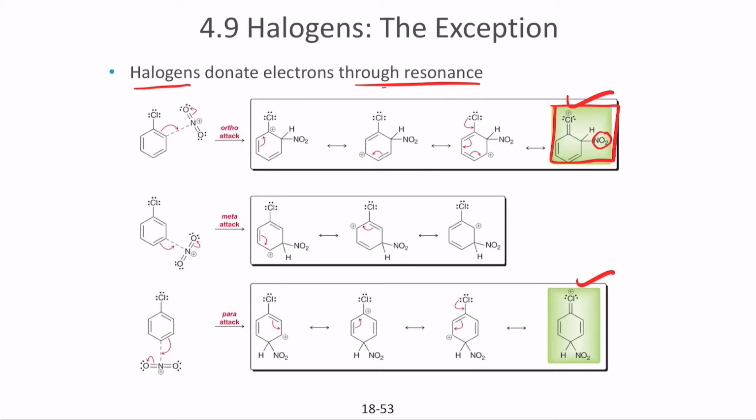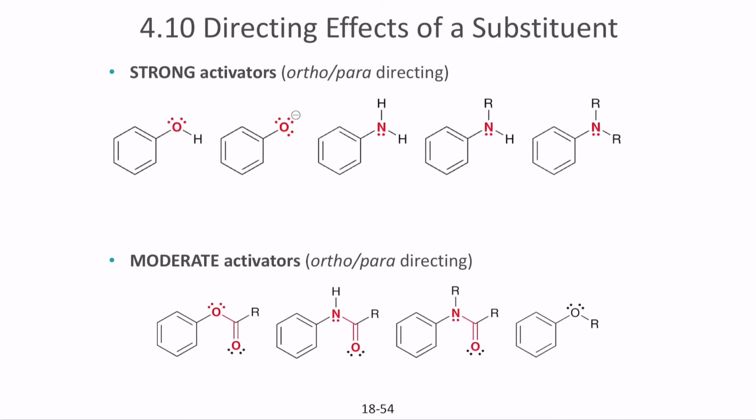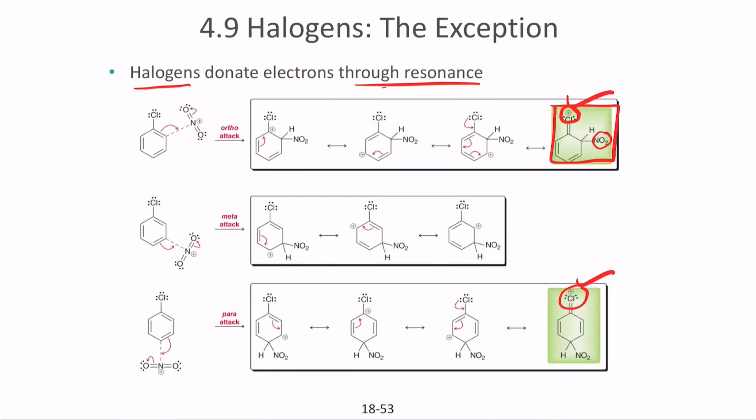Notice that only at these two positions does the resonance give the positive charge to chlorine, which means these are the most stable structures. So halogens always try to direct towards ortho or para. This is the only exception among all of the groups when you add multiple substituents.